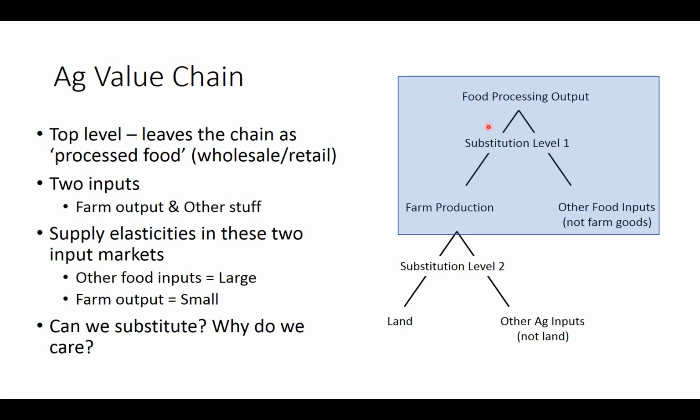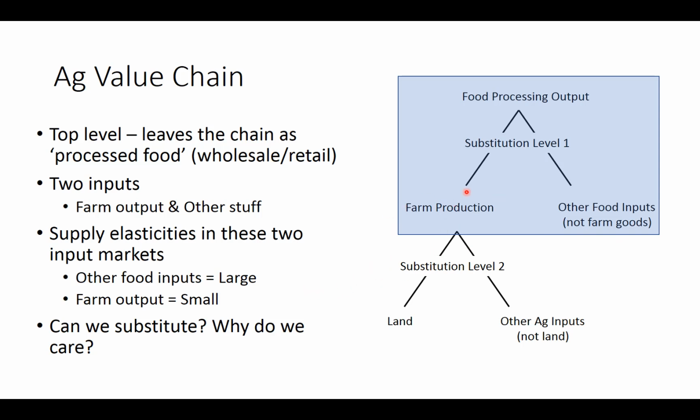So the exact sort of definition that we use right here will give us an idea about how much substitution is possible, because the more levels in reality that exist between farm product and the processed food output, the more substitution possibilities exist, the more chances there are to bring in another input that makes up for some of the cost in the final retail dollar.